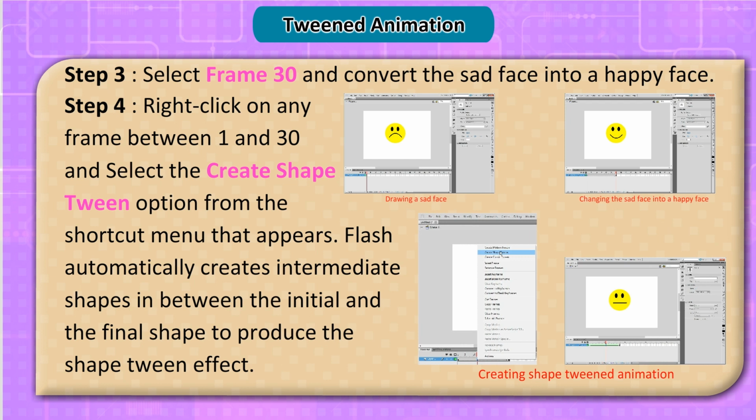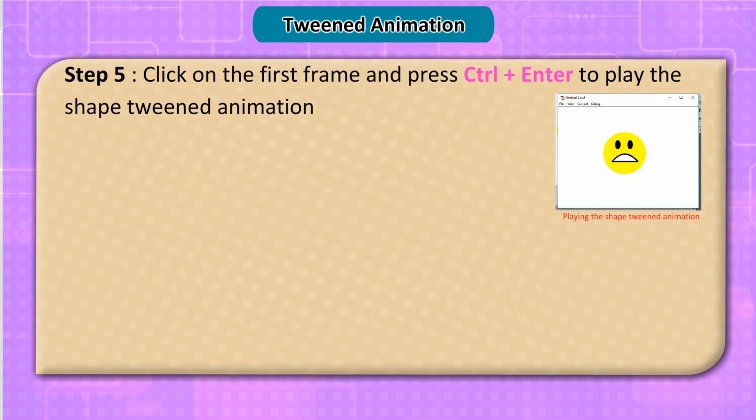Right-click on any frame between 1 and 30 and select the Create Shape Tween option from the shortcut menu that appears. Flash automatically creates intermediate shapes between the initial and the final shape to produce the shape tween effect. Step 5. Click on the first frame and press Ctrl+Enter to play the shape tweened animation.